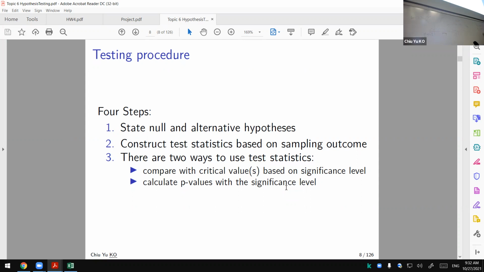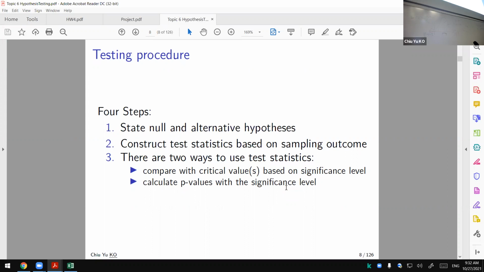The three choices are this, or this. You can use one of the three, but which one to pick depends on what you think would have a dire consequence.